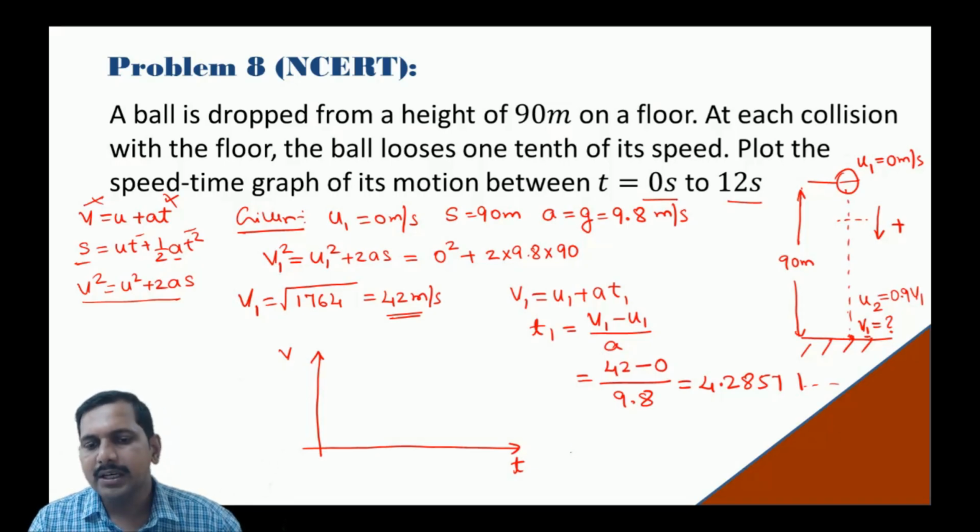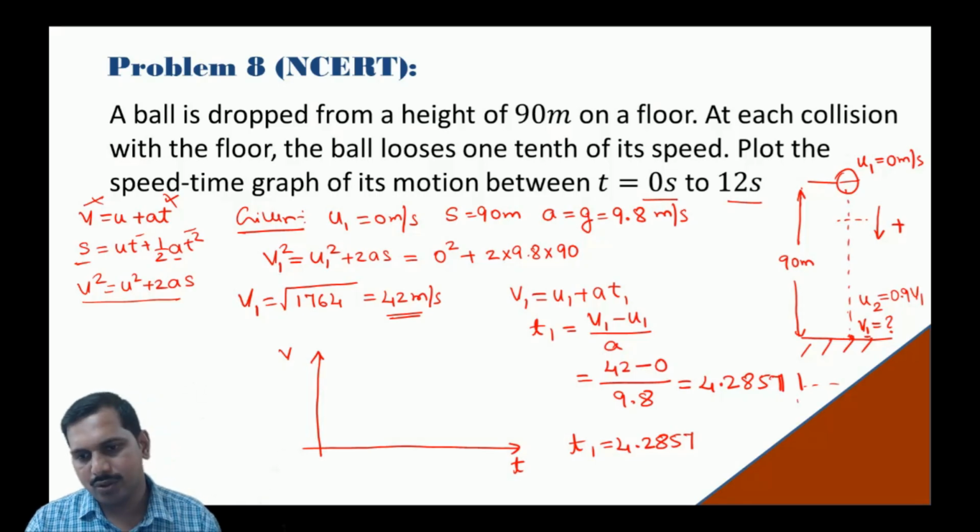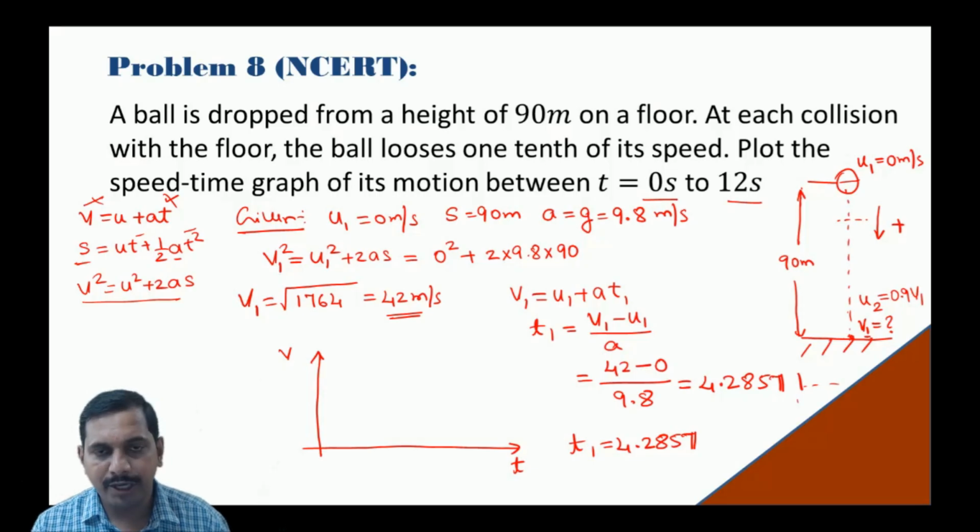We will say time T1 is equal to 4.2857. I have rounded it off; since the next digit is less than 5, it goes off, so it's an approximation. So we get a T1 here, and we get velocity.